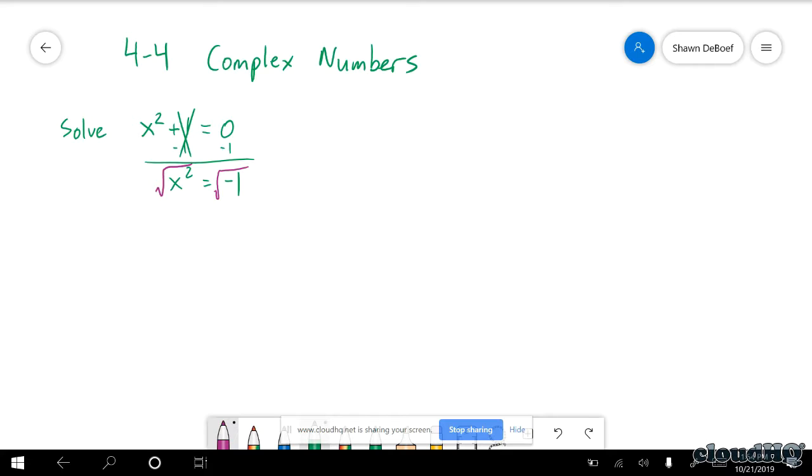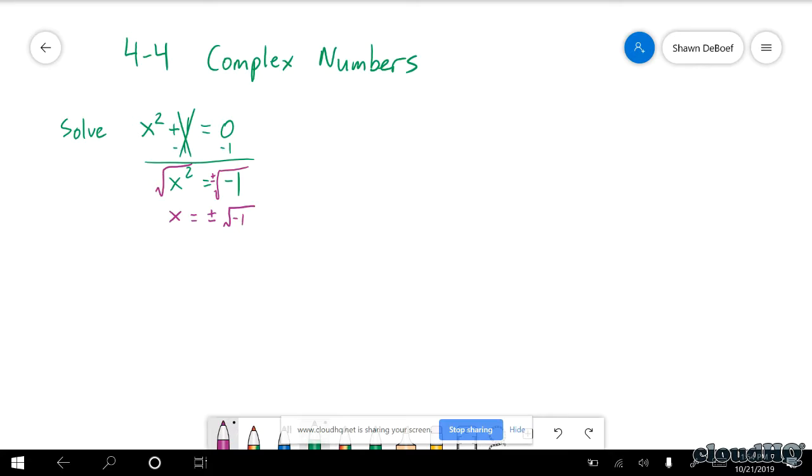But hopefully you remember this, that any time you introduce a square root to solve, we lose an answer. There's actually supposed to be two answers, so we have to put in plus minus. When you square root to solve an equation, we need plus minus. And so now we have x equals plus or minus the square root of -1.